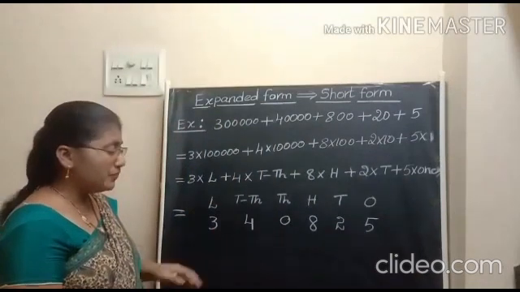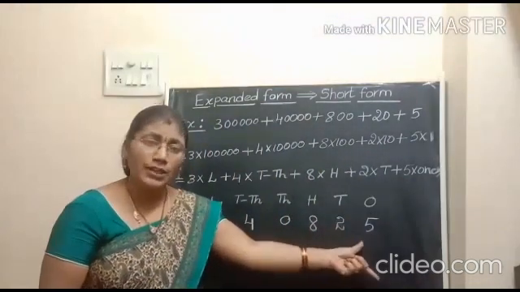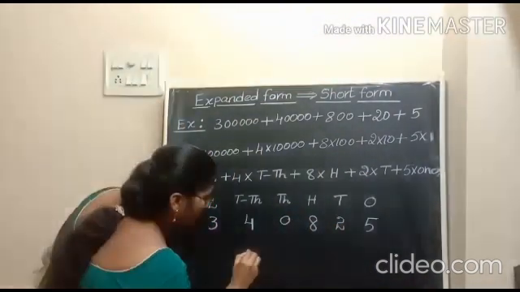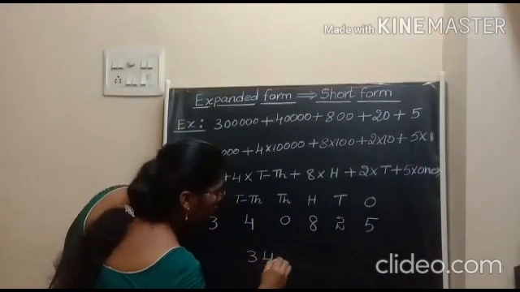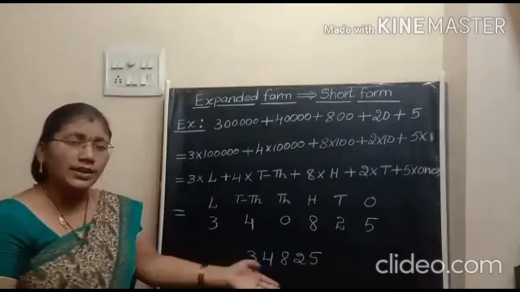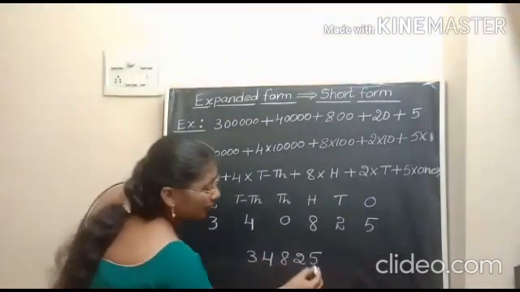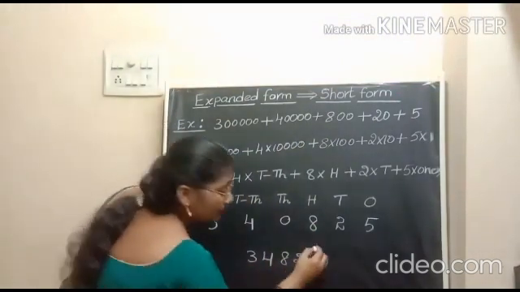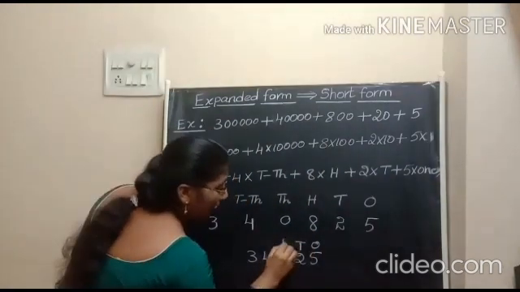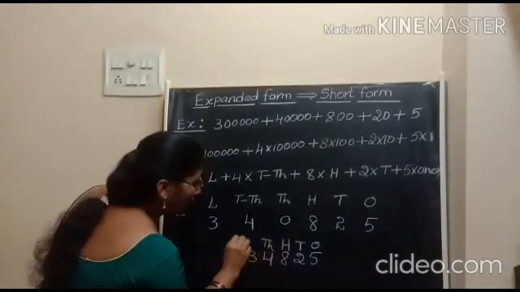Okay, children? Now, this is 3,40,825. If you write 3, 4, 8, 2, 5, is it the right answer? No. This is wrong because 5 is in the ones place, 2 in the tens place, 8 in the hundreds place, then 4 in the thousands place, 3 in the 10,000s place.